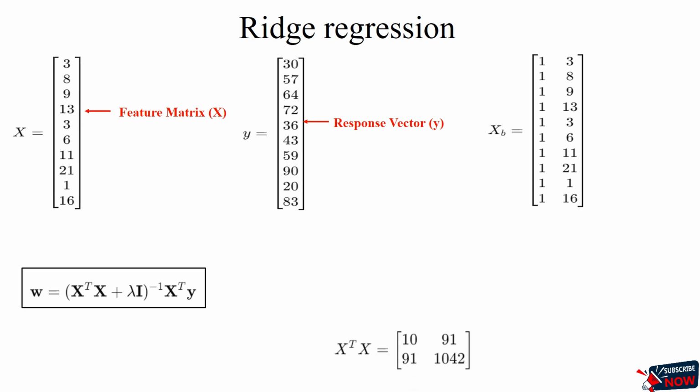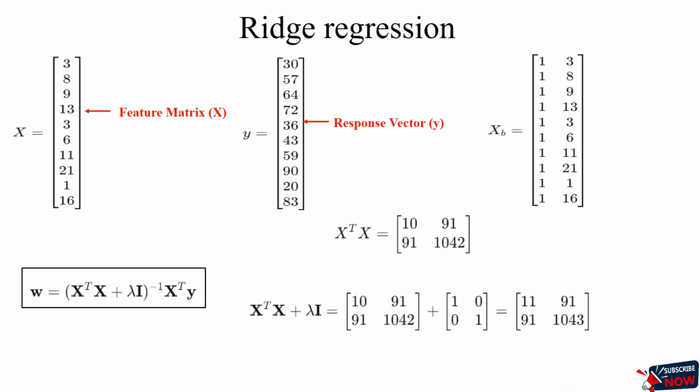After computing X transpose X, the next step is to compute X transpose X plus lambda I, where lambda is the regularization parameter and I is the identity matrix. Upon finding the sum of these two, it results in this matrix.